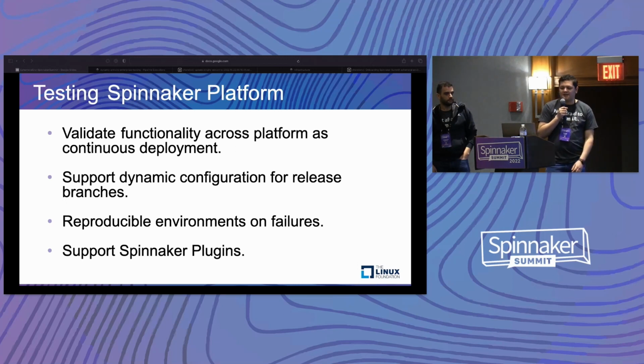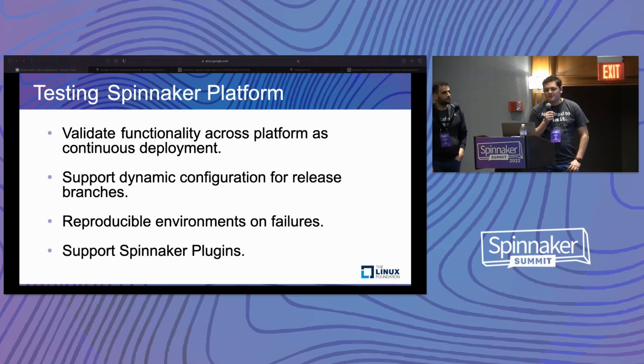Now let's talk a little bit about our use case in Armory. In our release process for the Armory Spinnaker platform, we have a few points to cover. We need to validate functionality with multiple cloud providers across the platform as a CI/CD schema. Also, support open source Spinnaker changes that come through our platform.